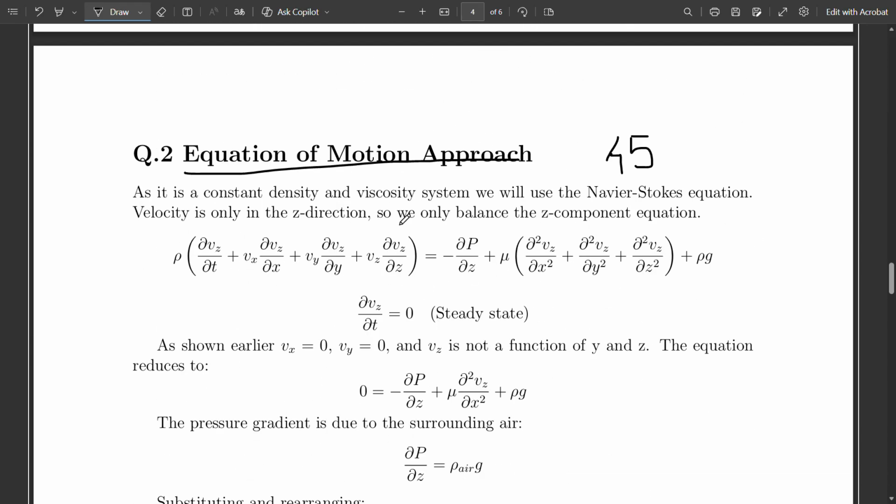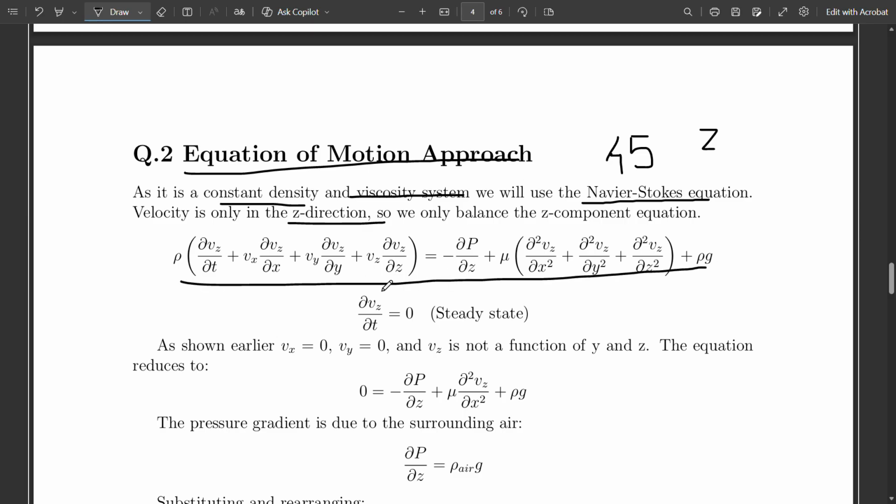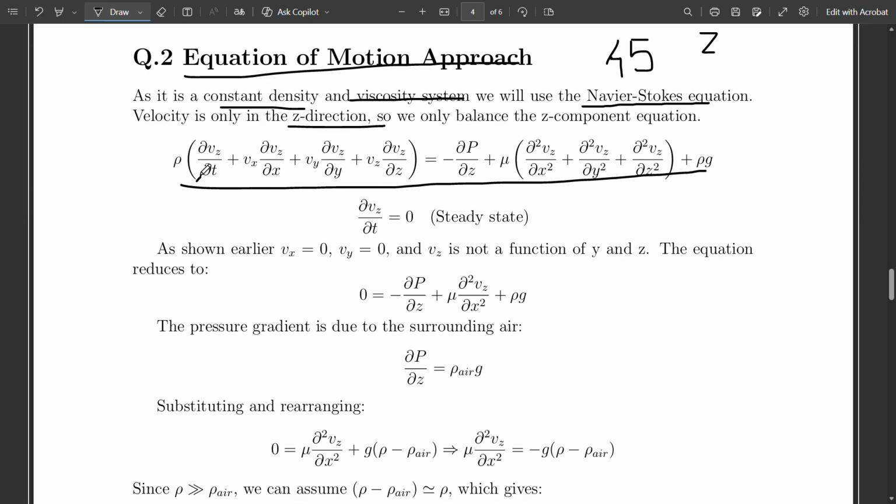As we have assumed a constant density and viscosity system, we are brought down to 9 Navier-Stokes equations, and from those we only select the z-direction momentum equation, which is written here. As there is steady state, this term becomes 0.